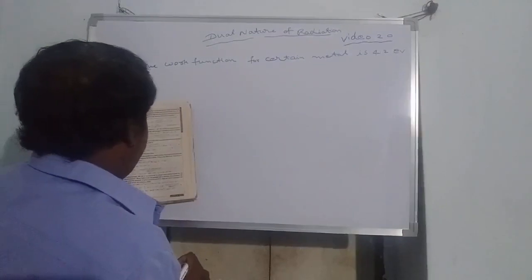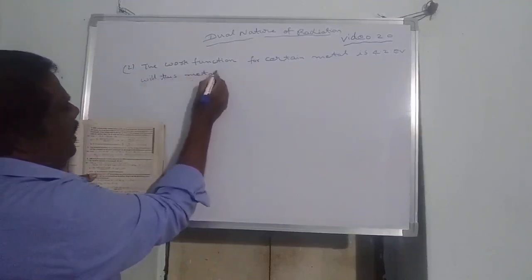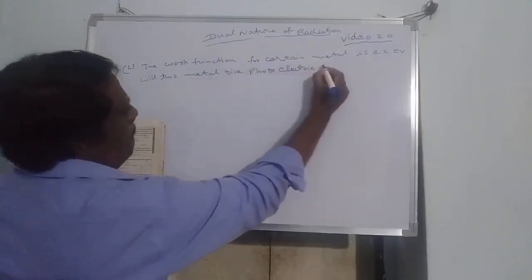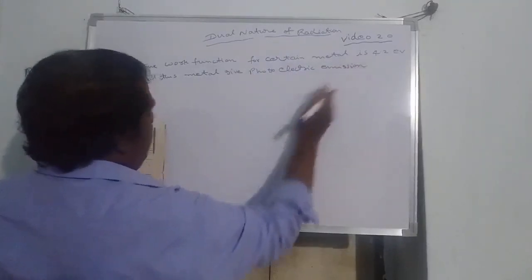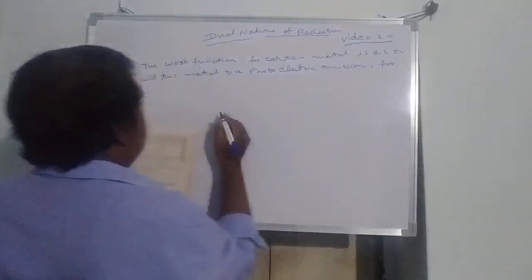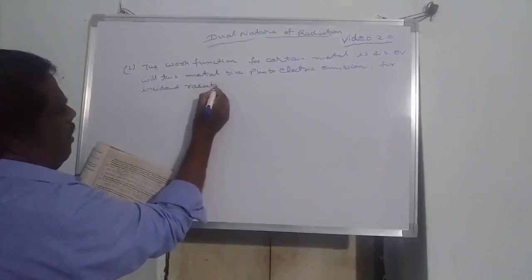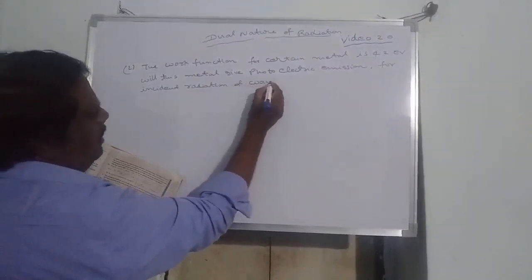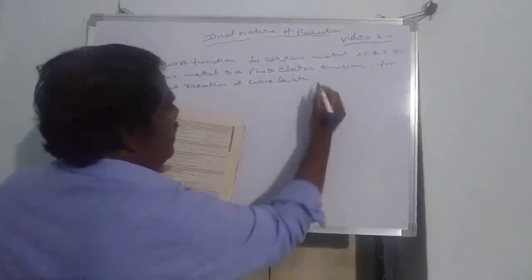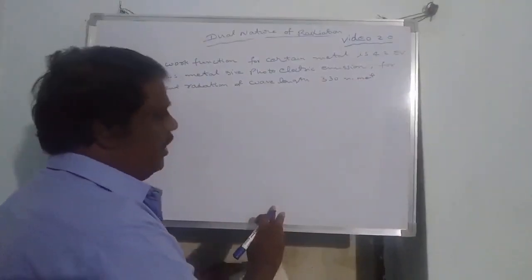Will this metal give photoelectric emission for incident radiation of wavelength 330 nanometers? Nm means nanometer.